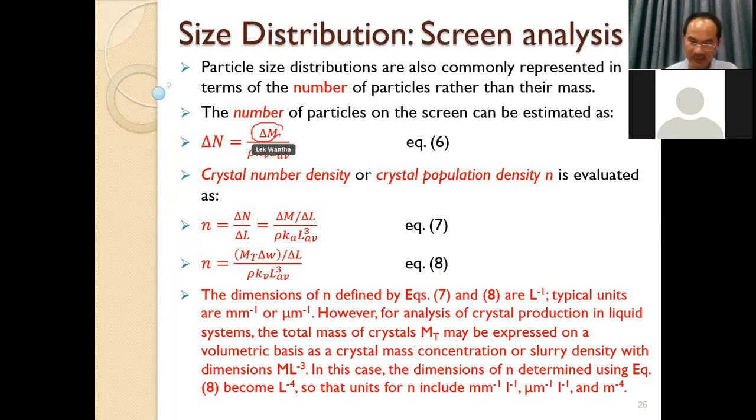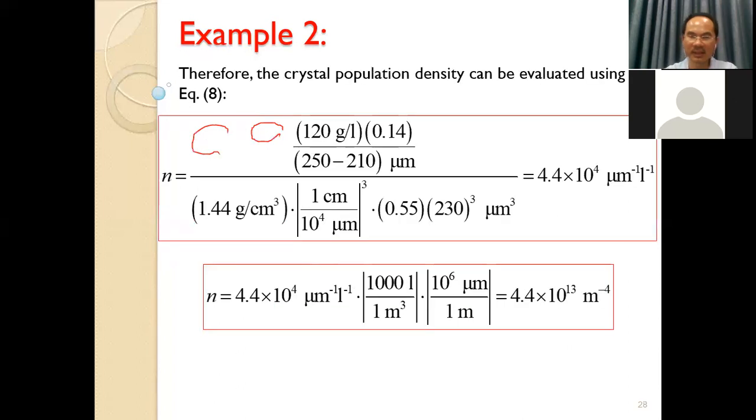Delta N is delta M over delta L, divided by rho kV L average to the power 3. This is delta M, this is delta L. Okay, sorry, this is not the crystal density.